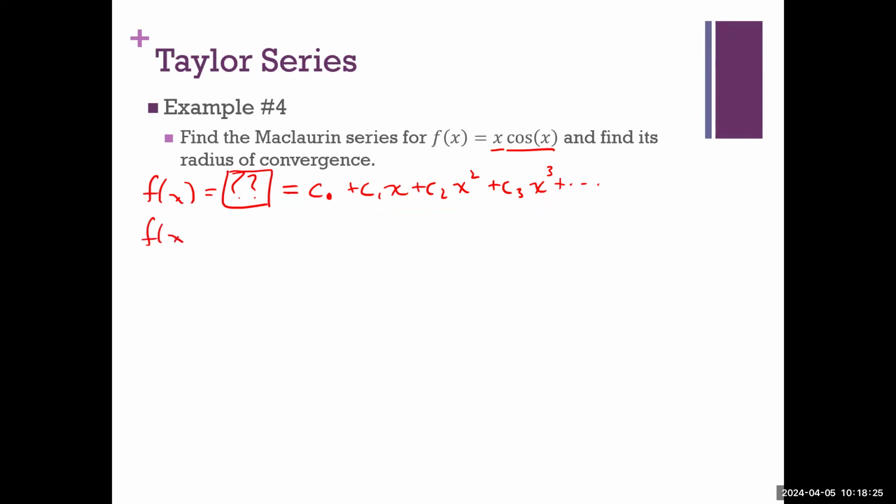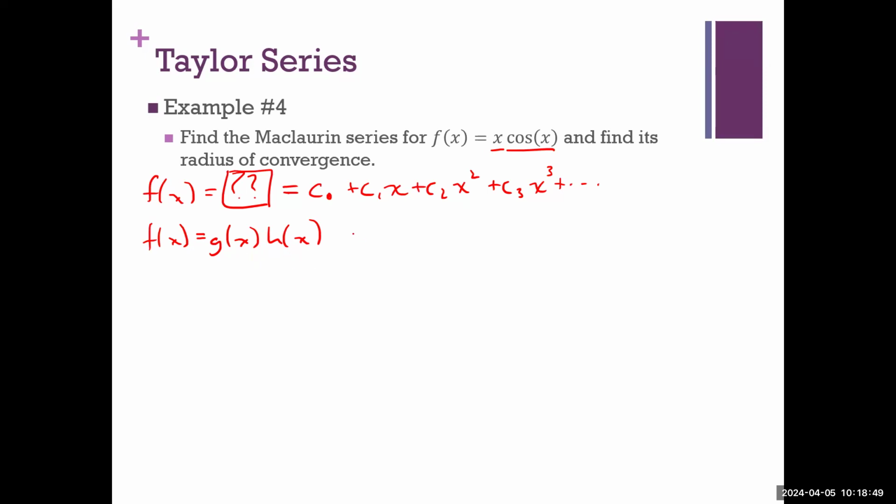Let's just say in general, f of x is equal to g of x, h of x. If I can find a power series for g and a power series for h, shouldn't I just be able to multiply those together to get the power series for f?